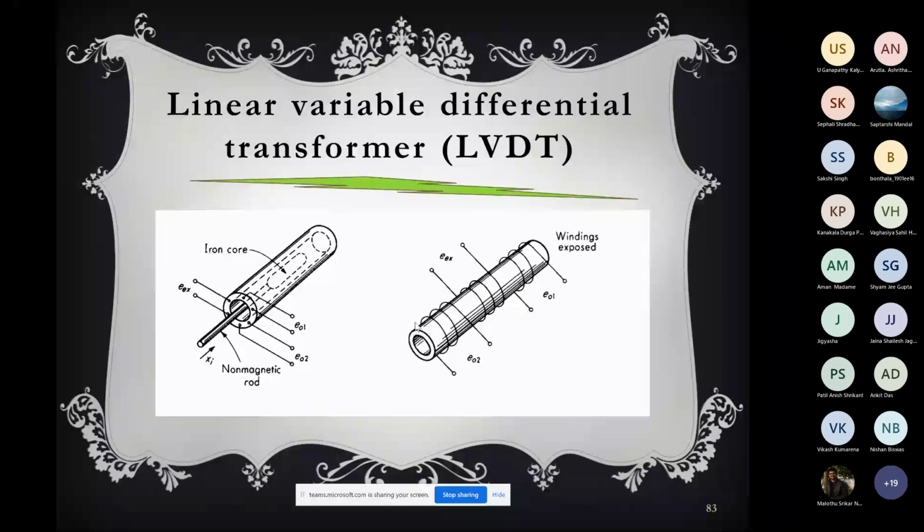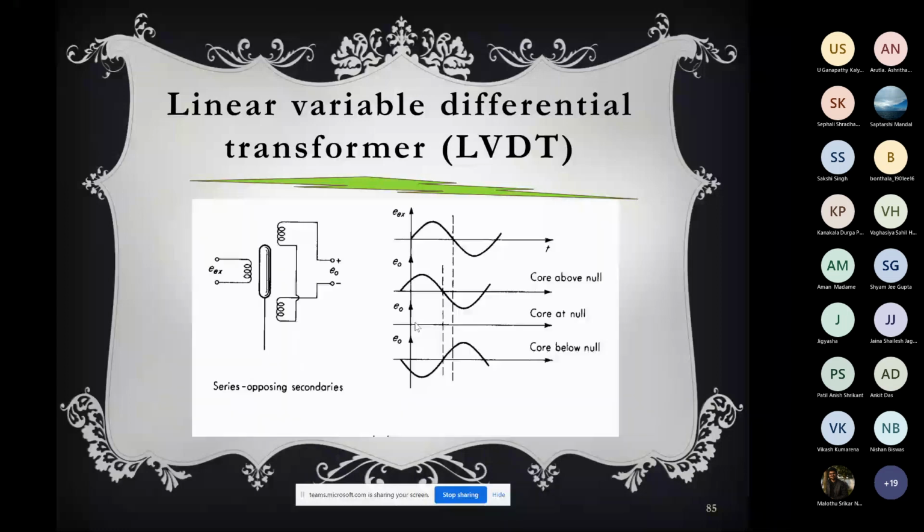You see that E0 is a linear function of core position. That is fine, but there is a phase shift between below null and above null. Why? We will definitely discuss it later. Now hopefully the principle of operation is clear, and we will go to the mathematical derivation.